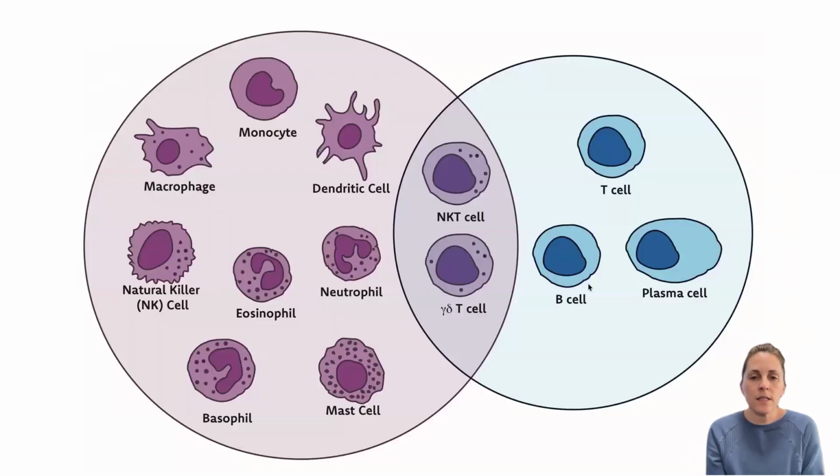All right, so what does this end up looking like? Over here in this light pink, we have our innate immune cells. Over here in the blue, we have our adaptive immune cells. And then we have this really awesome set of cells. These are the natural killer T cells and our gamma delta T cells. These are both a type of lymphocyte, like the T cell, and these are T cells, effectively, that have the ability to bridge between the innate immune function and the adaptive immune function.